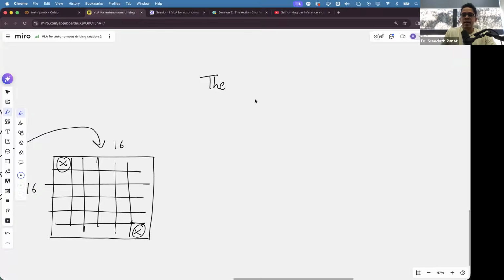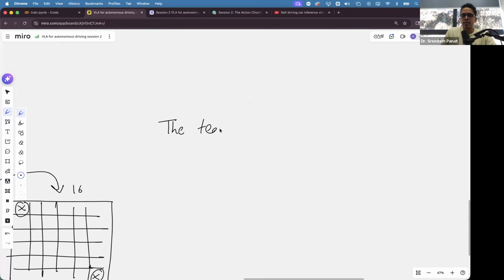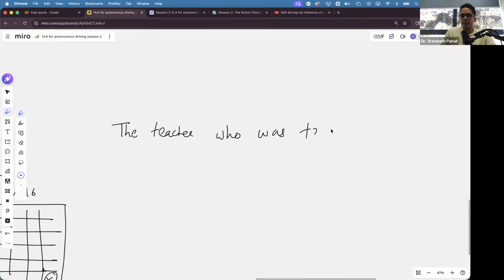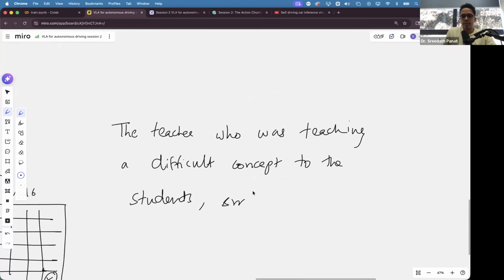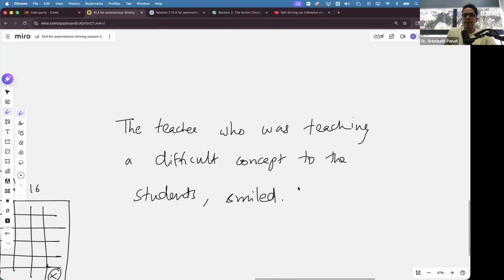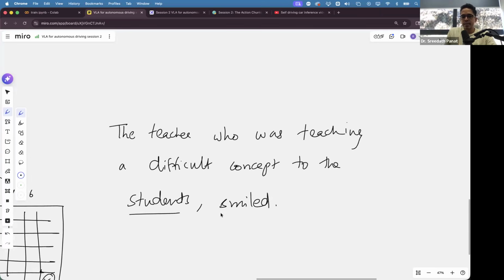Just like this. In large language models, consider: the teacher who was teaching a difficult concept to the students smiled. Now, this is a very big deal for a large language model. You know why? Because here students and smiled are appearing close to each other. Teacher and smiled are appearing far from each other.